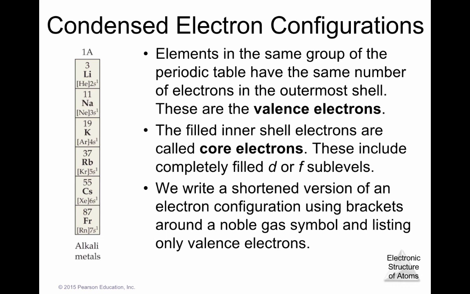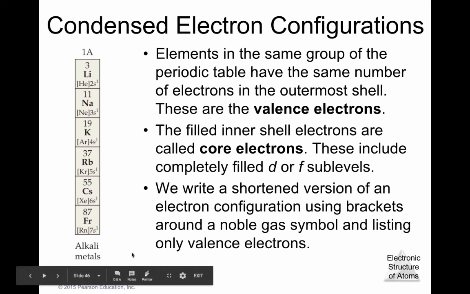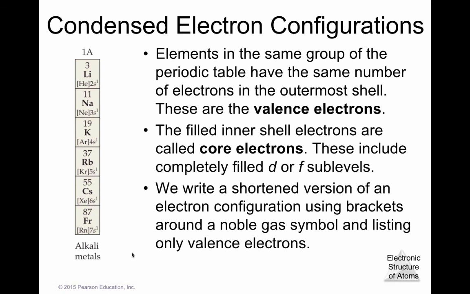Remember when we write our electron configurations, we can condense them. There's just a couple of things to remember here. If you're in the same group on the periodic table, so here we're looking at the alkali metals, but any group on the periodic table, you're going to have the same number of electrons in your outermost shell.